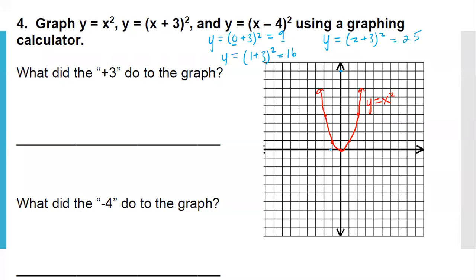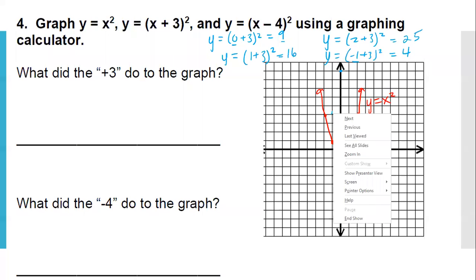So what if I did -1? Could I try -1? y equals -1 plus 3 squared. That gives me -1 plus 3 is 2. 2 squared is 4. Can I graph -1, 4? Yeah. 1, 2, 3, 4. There we go.